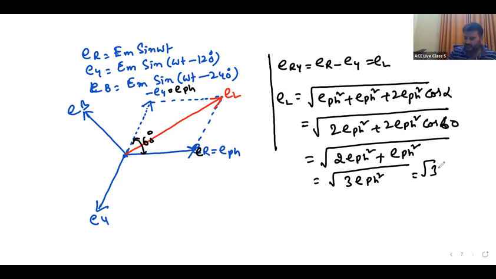That is equal to root 3 EPH. Therefore, line voltage is equal to root 3 EPH.